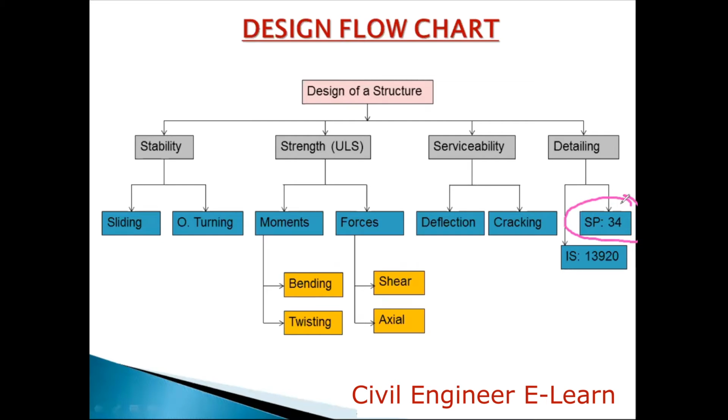Then it is mandatory to follow the IS 13920 code book, which deals with ductile detailing requirements. If the structure is located in a non-seismic zone, of course, you can use only the SP34 code book for reinforcement detailing.